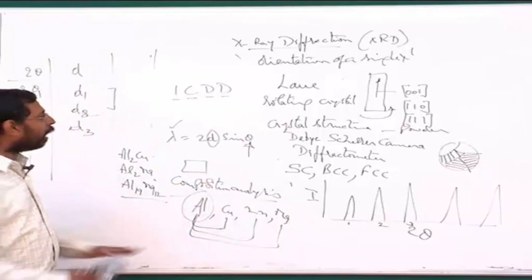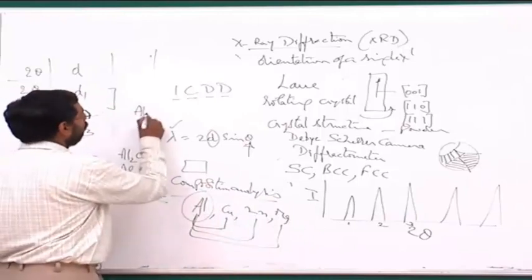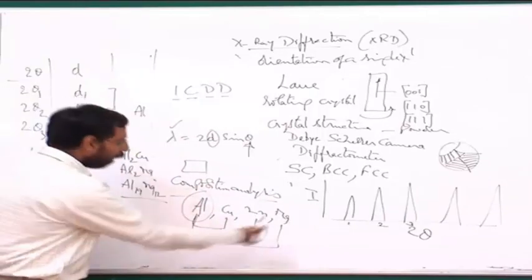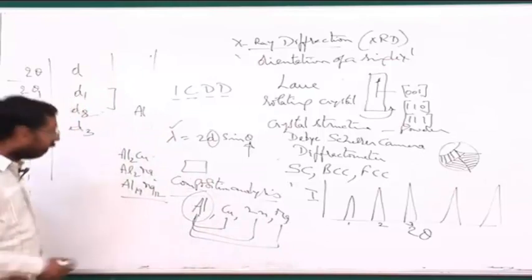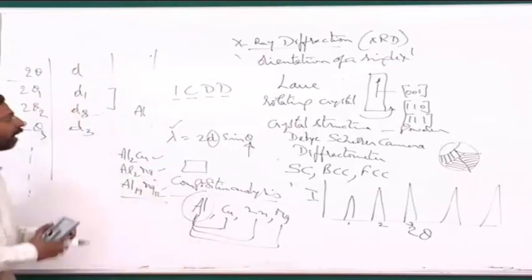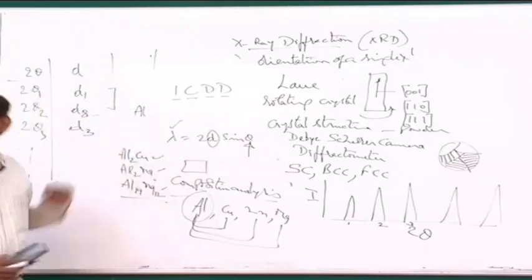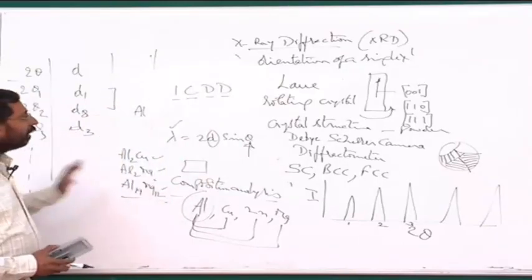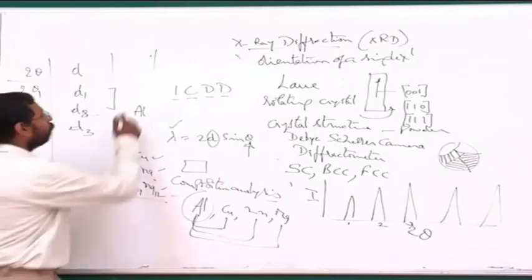So that means this alloy might contain aluminum as a solid solution with all these elements dissolved in it. The second possibility is these are the compounds that are possible. Now I start searching only those phases, and first I will look at aluminum.